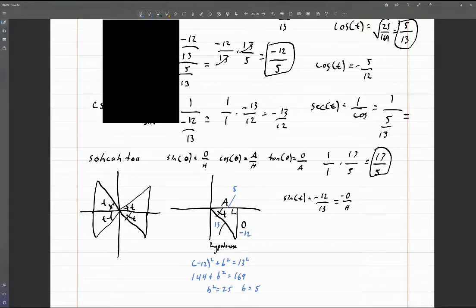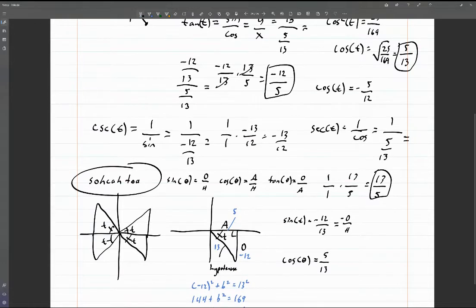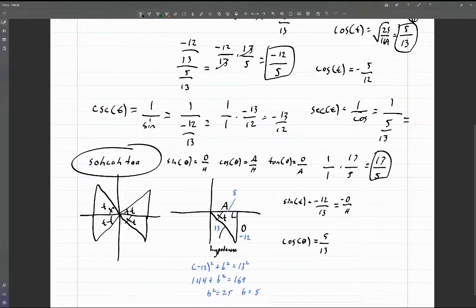And then we could just take these and plug them into the other definitions from SOHCAHTOA. So cosine of this angle, again, I'm bouncing between t's and thetas. They're just used to represent an angle. Cosine of this is just going to be adjacent over hypotenuse. Well, adjacent is 5. The hypotenuse is 13. Note that matches what we got up here.